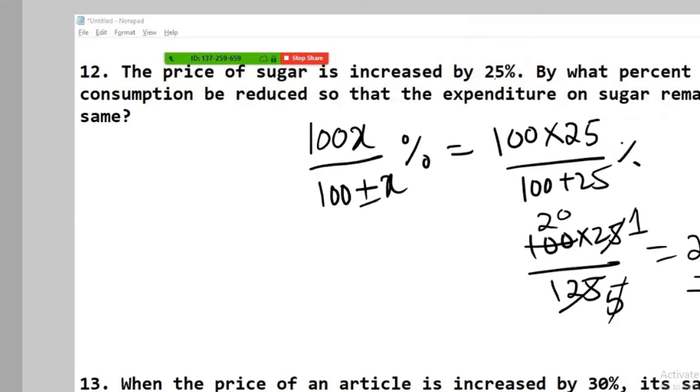Okay, 20%. So please everybody write down a note.